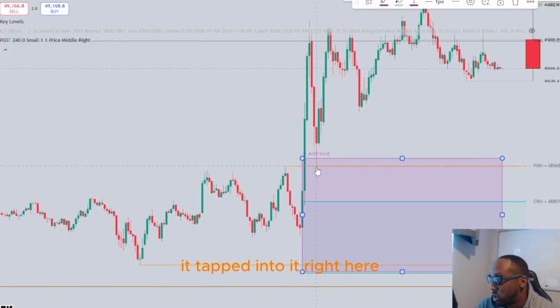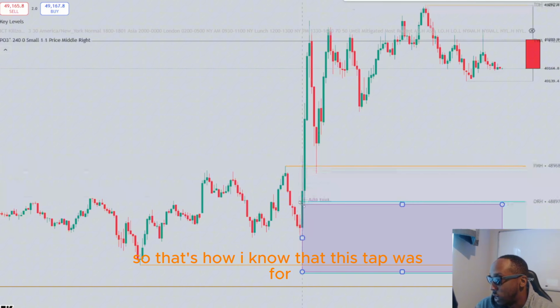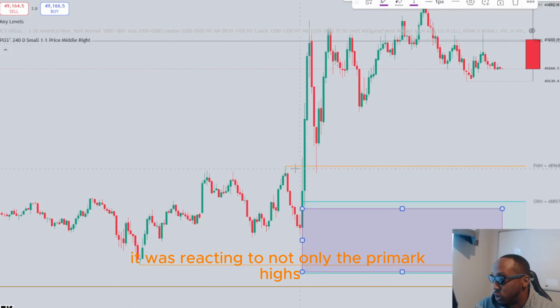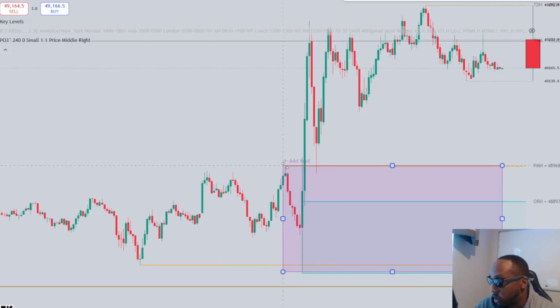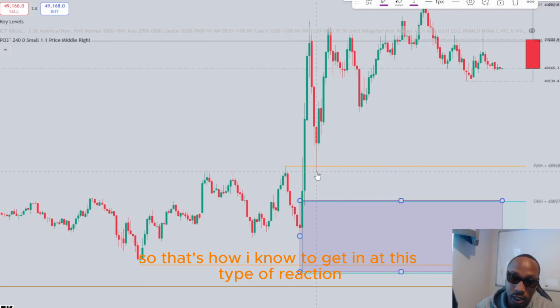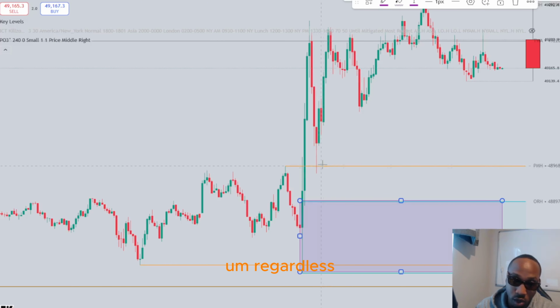It tapped into it right here. So that's how I know this tap was reacting to not only the pre-market highs, but the true 5-minute box. That's how I know to get in at this type of reaction, regardless.